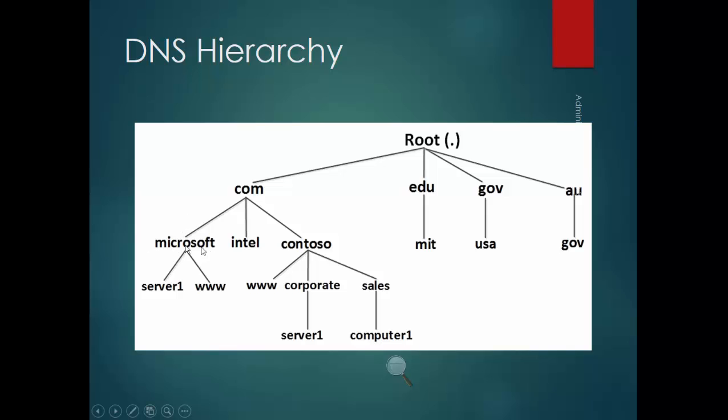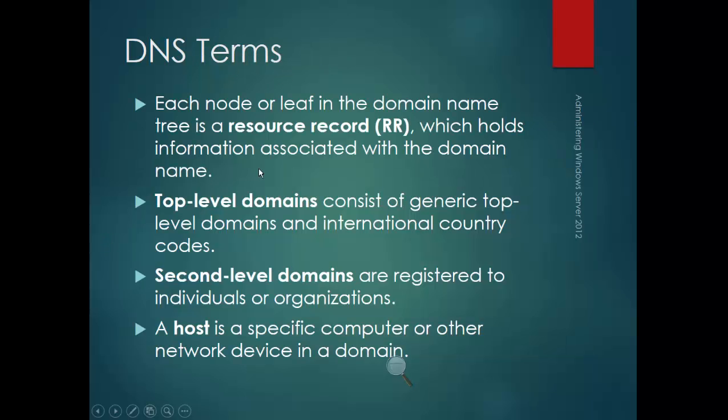The second levels are Microsoft, Intel, and so on. The third level, if you have a child domain, is Toronto.netplus-domain.local, and the fourth level is server1.toronto.netplus-domain.local. There's a hierarchy, right?